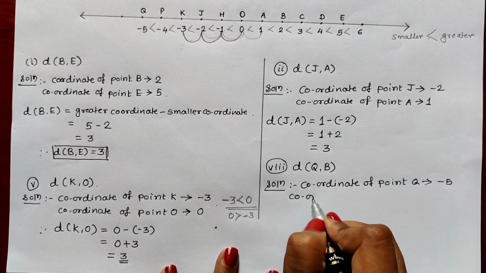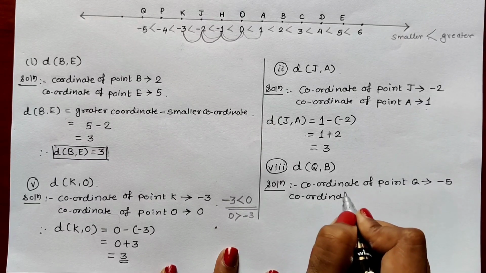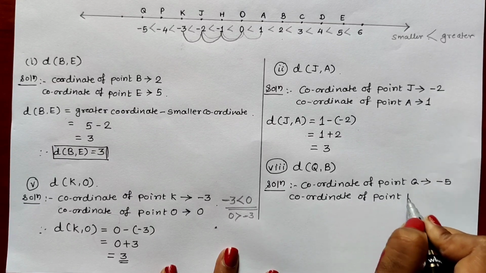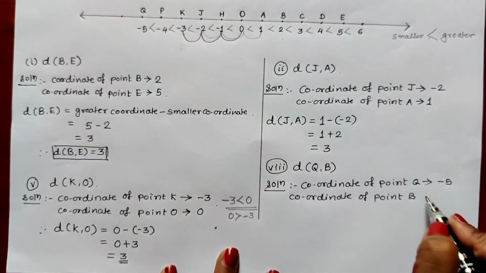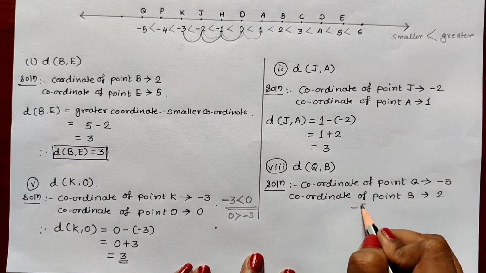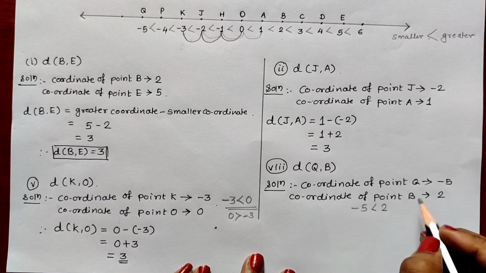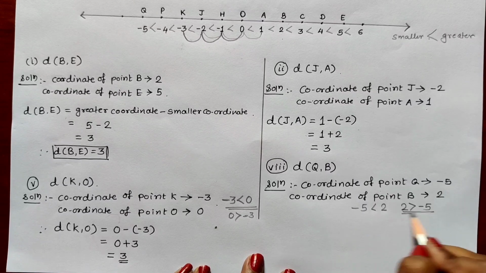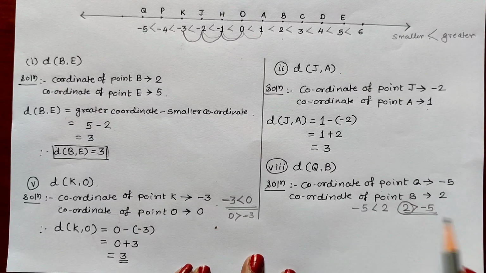And coordinate of point B is 2. So here -5 is smaller than 2. That means 2 is greater than -5.